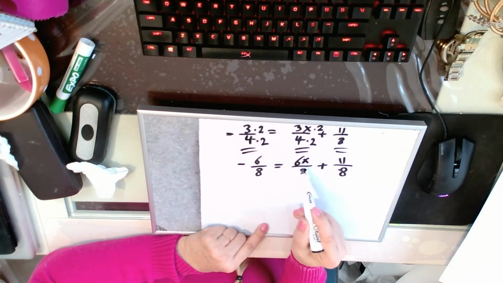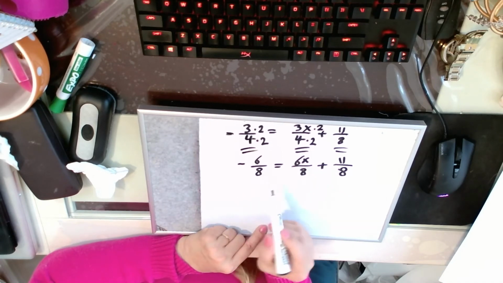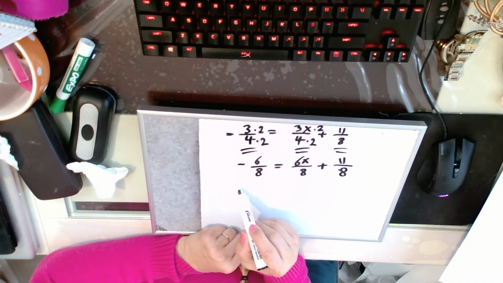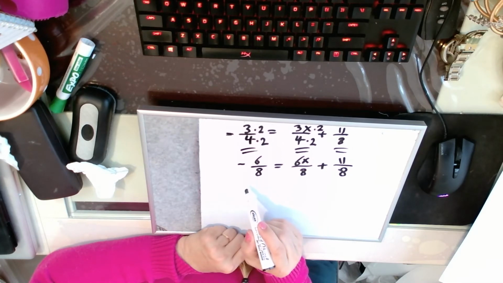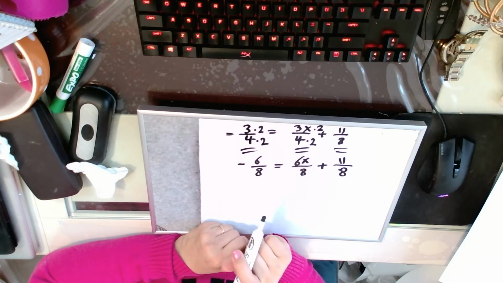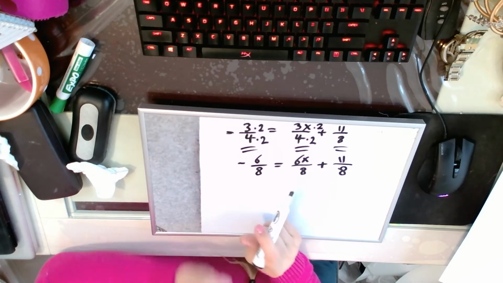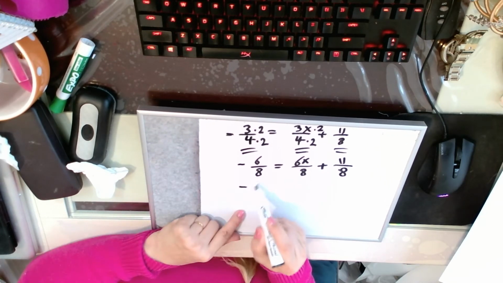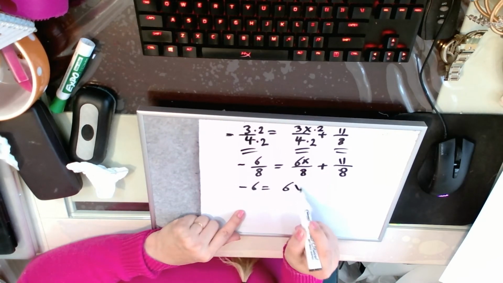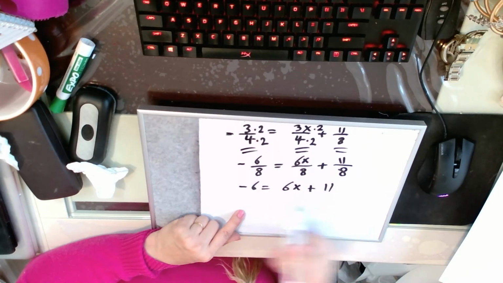So this is the 6x. Minus 6 here equals 6x plus 11.